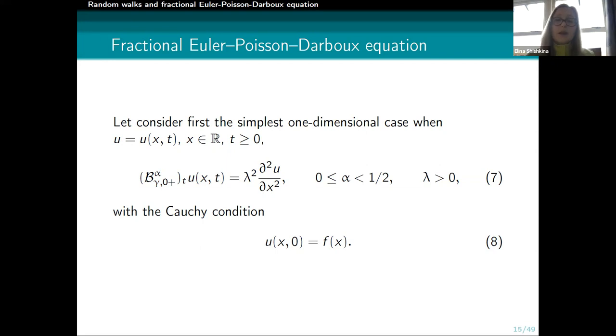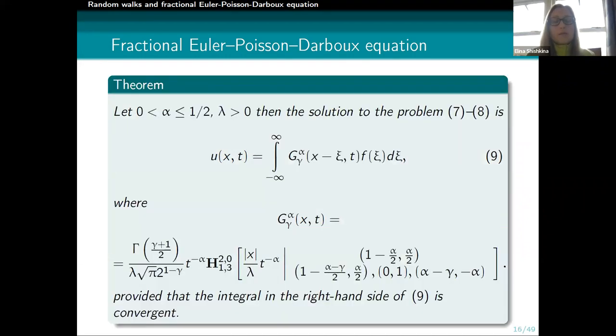It means that here we can put only one Cauchy condition in the form of 8. When t is equal to 0, it is just the function f of x. Probably here t should be, of course, the time variable, and x should be the space variable.